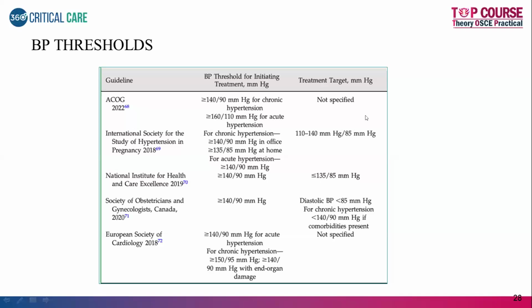Other societies have mentioned some targets, like the International Society for the Study of Hypertension in Pregnancy 2018, which said your systolic BP should be around 140 and your diastolic BP around 85. Similarly, other guidelines say around 135/85 or 140/85. So your treatment target should be less than 140 and less than or equal to 85.